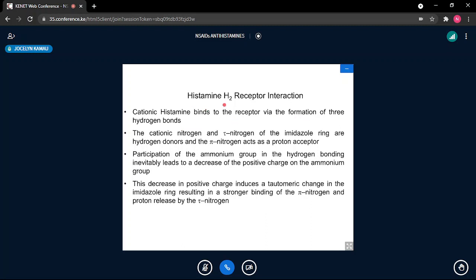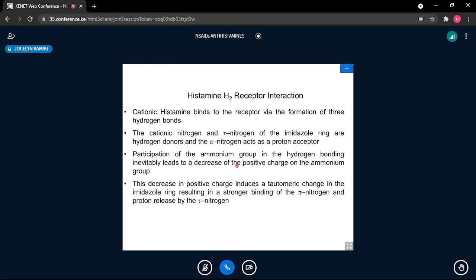If you look at the histamine, it has the tele tautomer nitrogen, it has the pi nitrogen, and it has the terminal nitrogen. Now, the tele tautomer nitrogen is usually protonated, it's an NH.